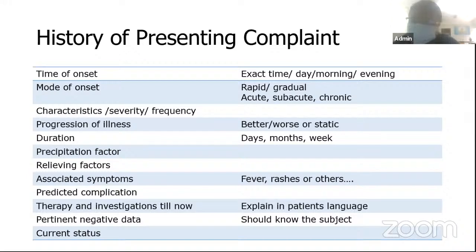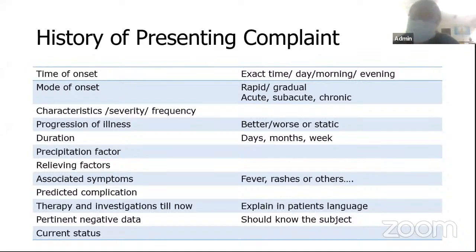If a 12-year-old girl is presenting to you with nephrotic syndrome, the negative data that you should be asking is whether she is having HSP or SLE. It's like rashes in the legs or joint pain, facial rashes, photosensitivity. You will be asking only if you know the subject.